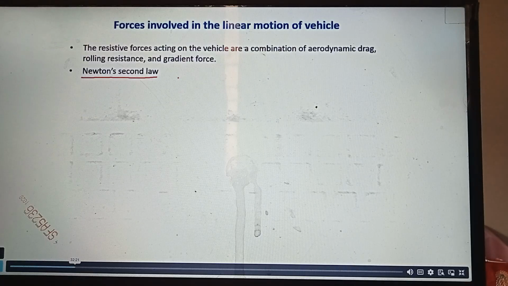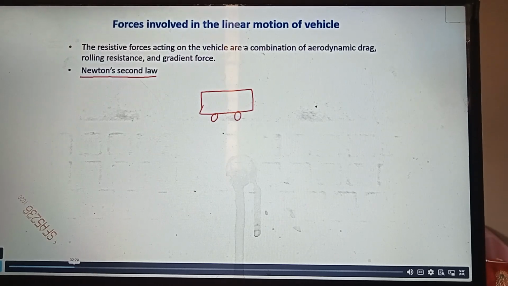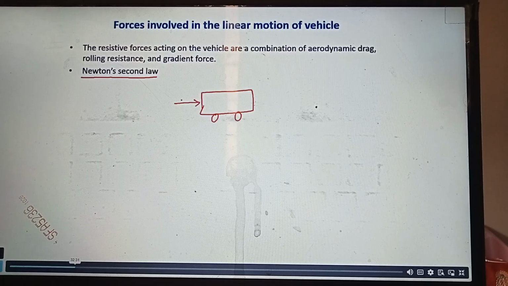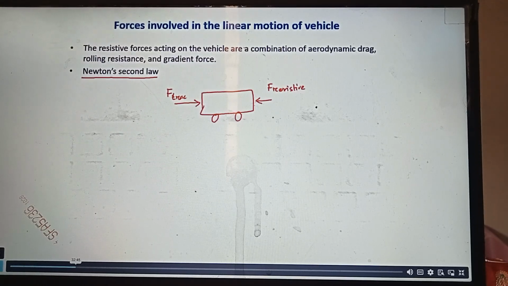Now, what does Newton's second law say? Let's say I have a vehicle. I am giving some tractive force to move the vehicle, and the resistive forces, F resistive, are opposing the vehicle movement. Okay. So how are they related?